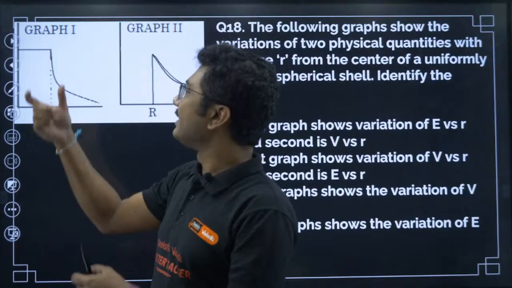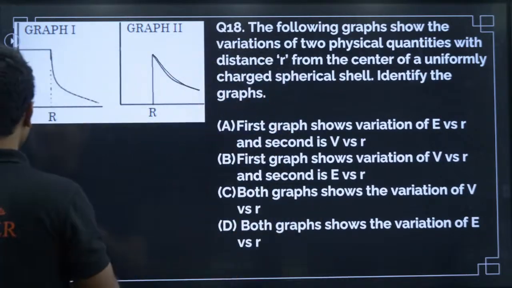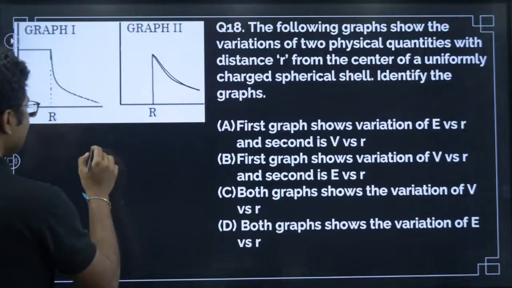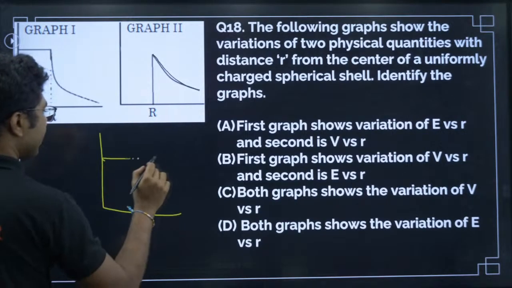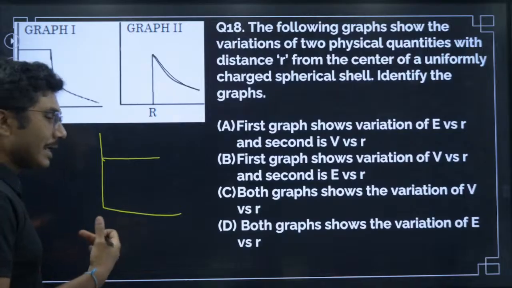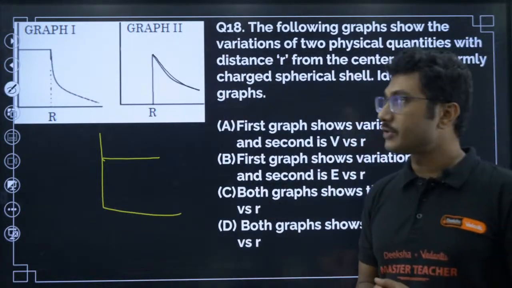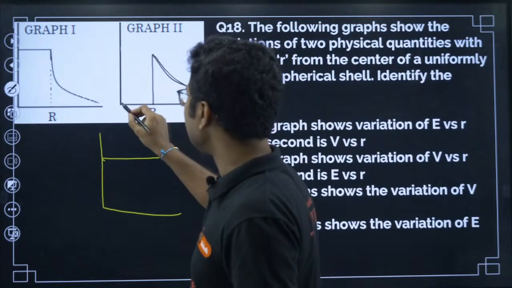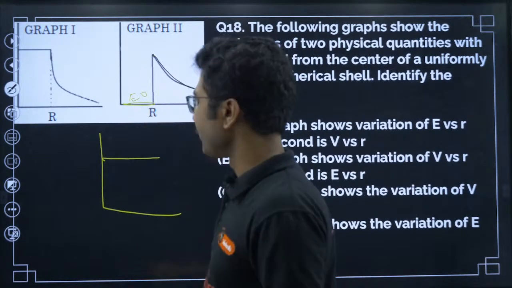If you see, this represents a constant value. So only inside a spherical shell, the potential is constant, and this value is 0. So the electric field is 0 over here.